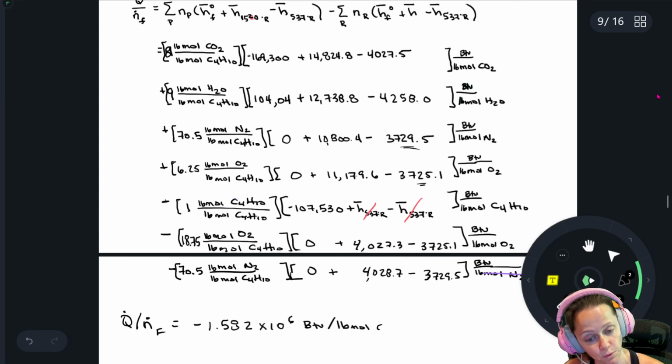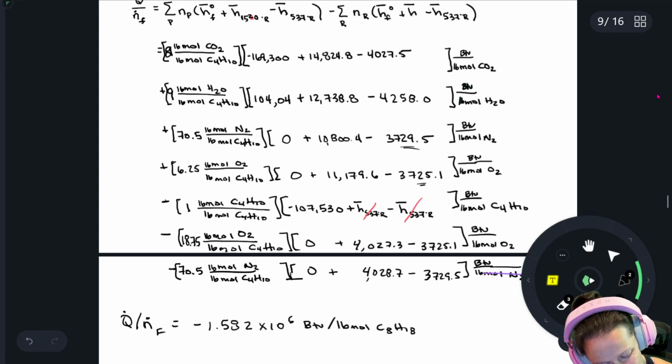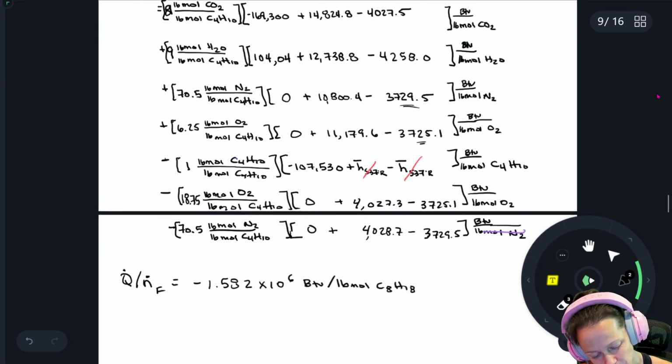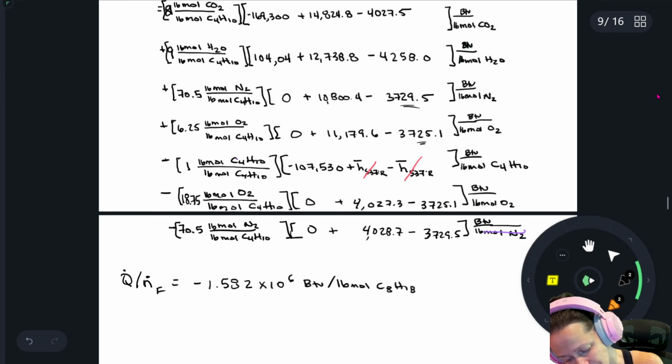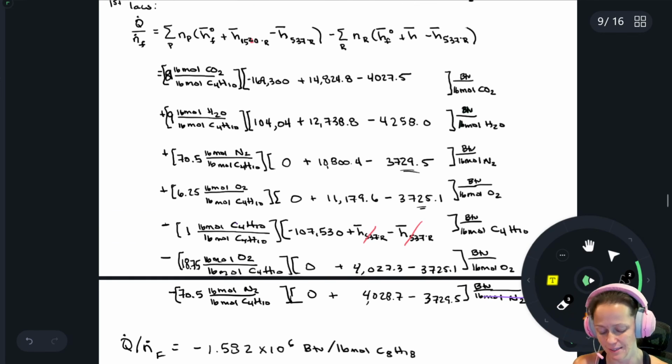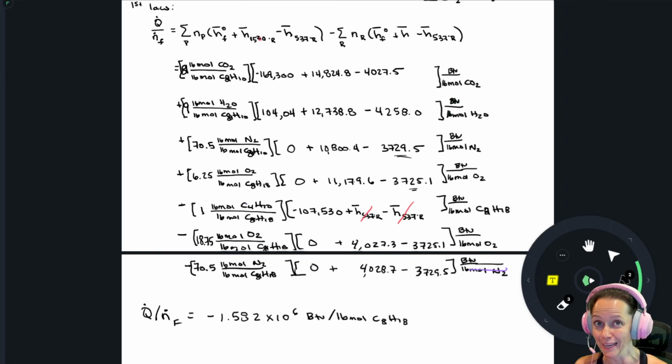That's pound mole of fuel, which is C8H18. That's probably another thing I need to fix right here. Fixed it. So C8H18.